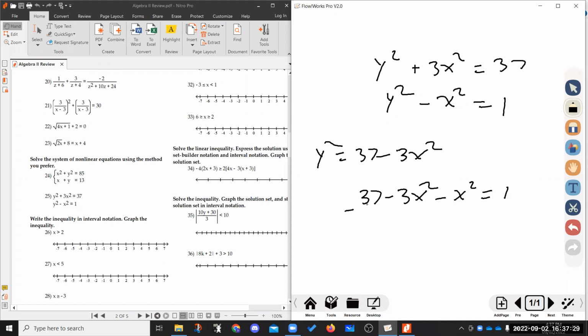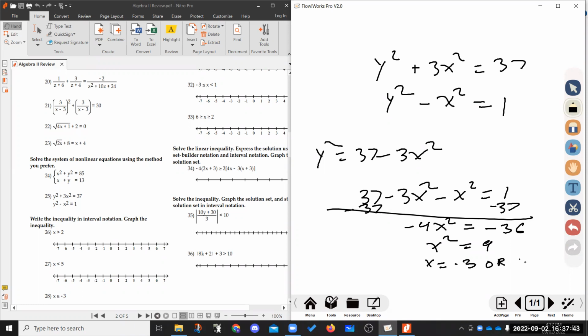So subtract 37 from both sides. Negative 4x squared equals negative 36. x squared is equal to 9. x is equal to -3 or x is equal to 3.